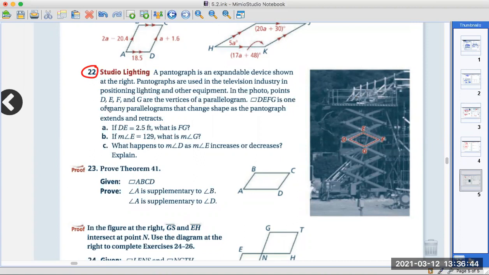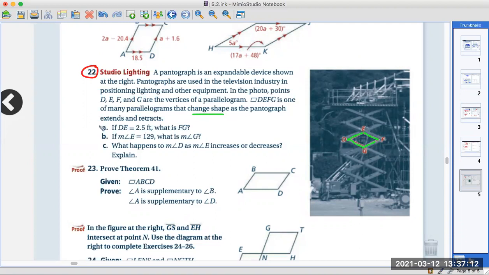In the photo, points D, E, F, and G are vertices of a parallelogram. So this is a parallelogram. The parallelogram DEFG is one of many parallelograms that change shape as the pantograph extends, going up and down. They squeeze it together and extend.